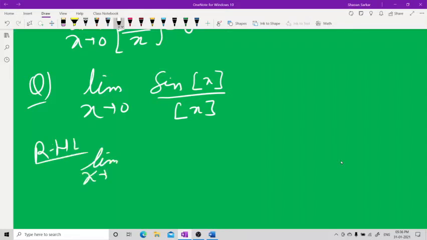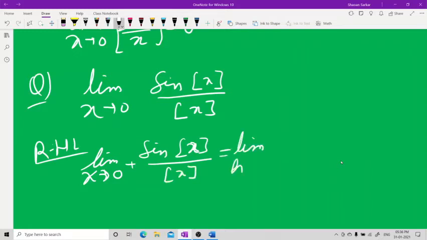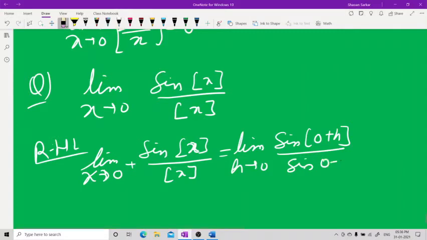Limit x tending to 0 plus sine floor function x, that is the greatest integer function less than or equal to x, is equal to limit h tending to 0 sine of floor of 0 plus h upon floor of 0 plus h. Now see, h, I always told you, is greater than 0 but less than 1.